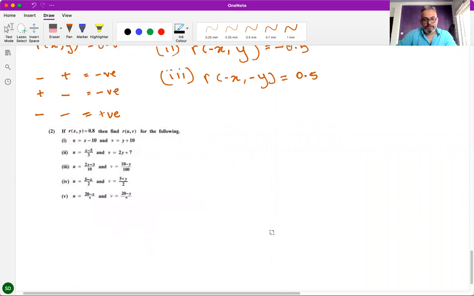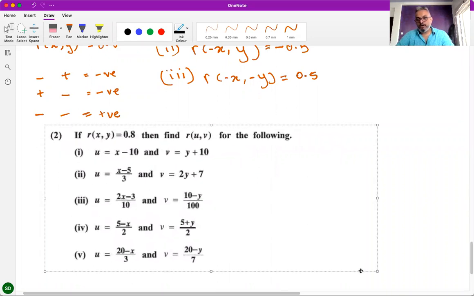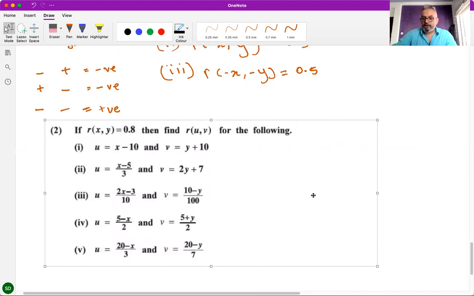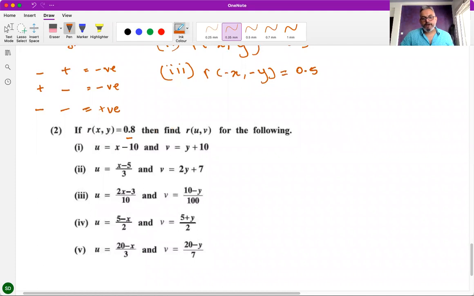Now, ध्यान दो please. We'll do it here. Now, R in the bracket x comma y is 0.8. We have to find R of u or v.